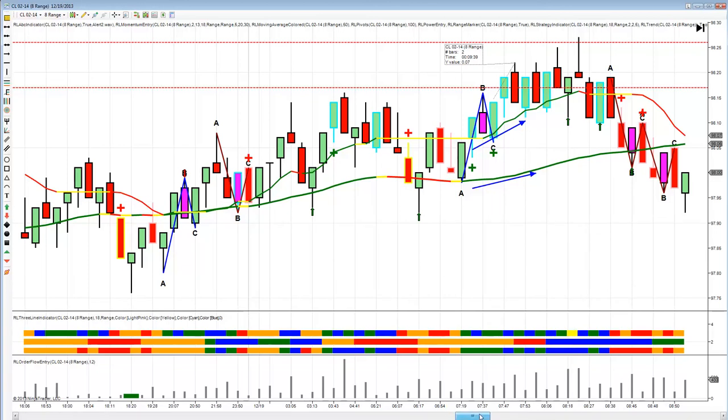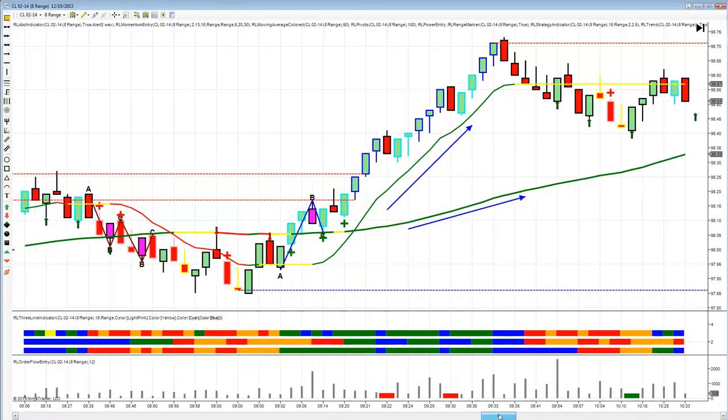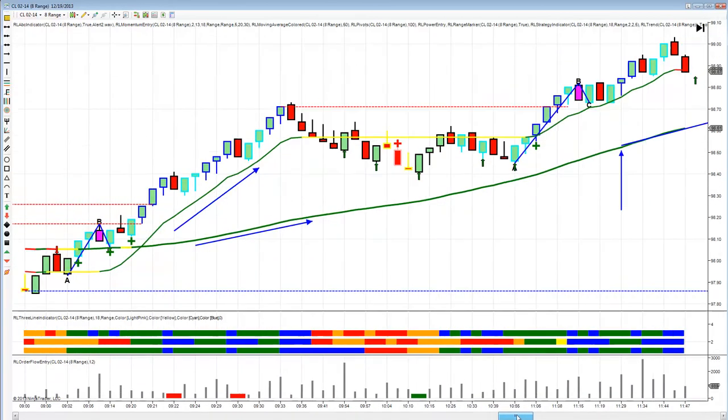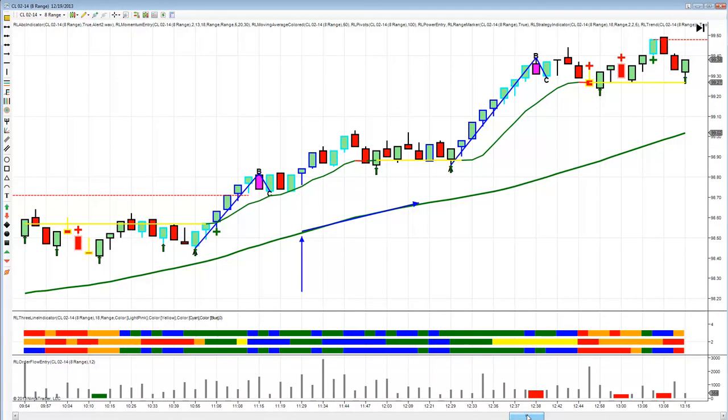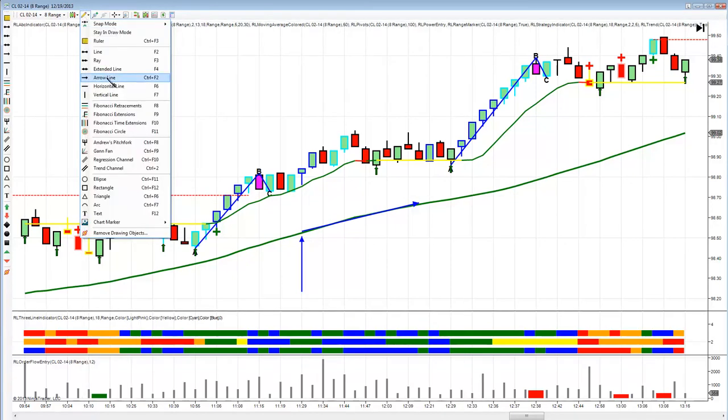Let's take a look at a few more, because I want to try to take these. Here's another one right here. Now remember, we always want to trade with a small gap between the 50 and the 15, and price action as close to the 50 as possible.